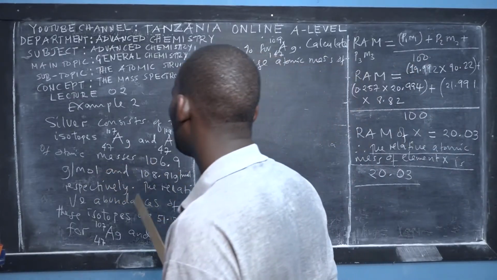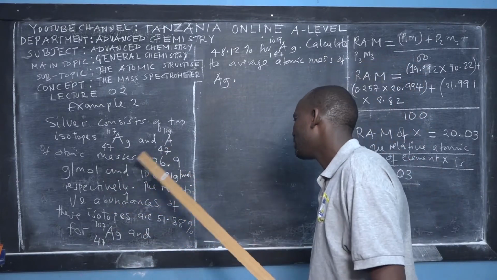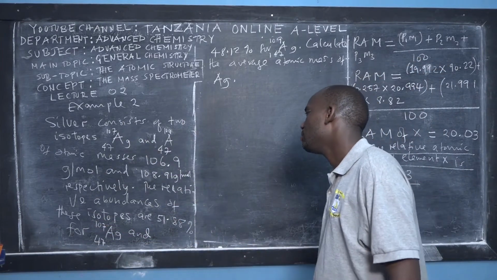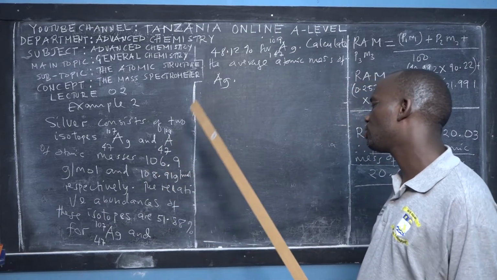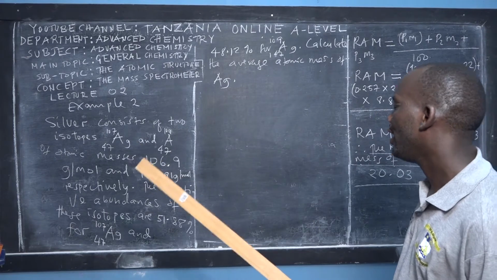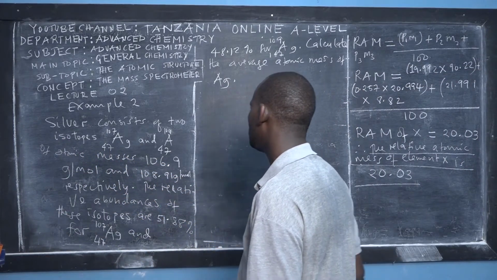Silver consists of two isotopes. These are the two isotopes of silver. So you see that the mass number is the same, 47, and the atomic mass is not the same. The atomic masses are 106.9 gram per mole and 108.91 gram per mole respectively.